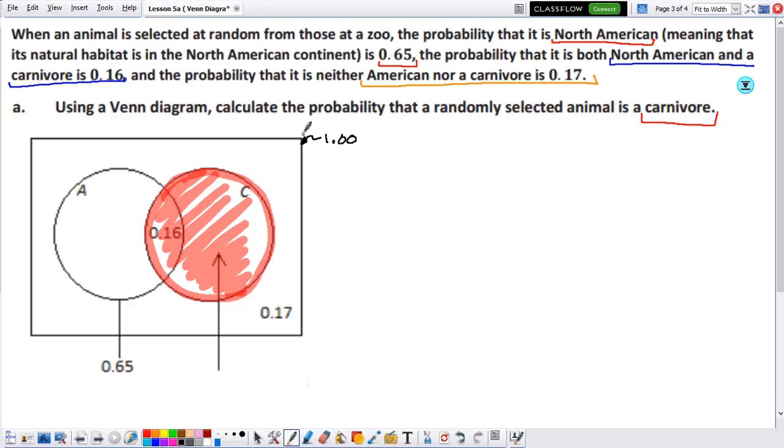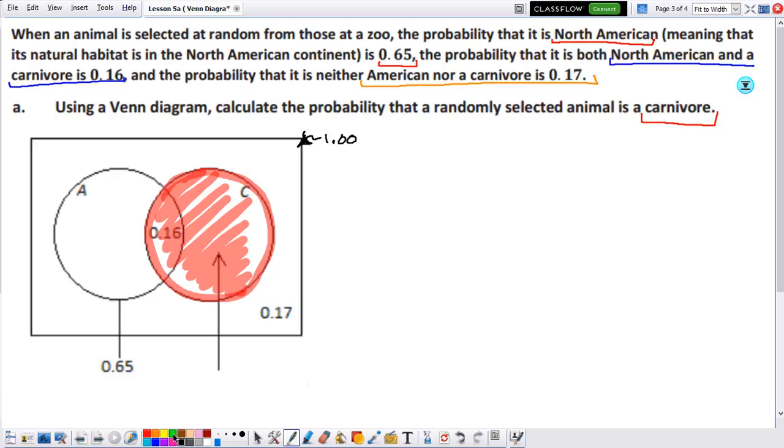So that's one thing that we need to take into consideration, because here we're talking about probabilities. So we know that if you add all probabilities, that is equal to 1. So how can we figure out this small circle?